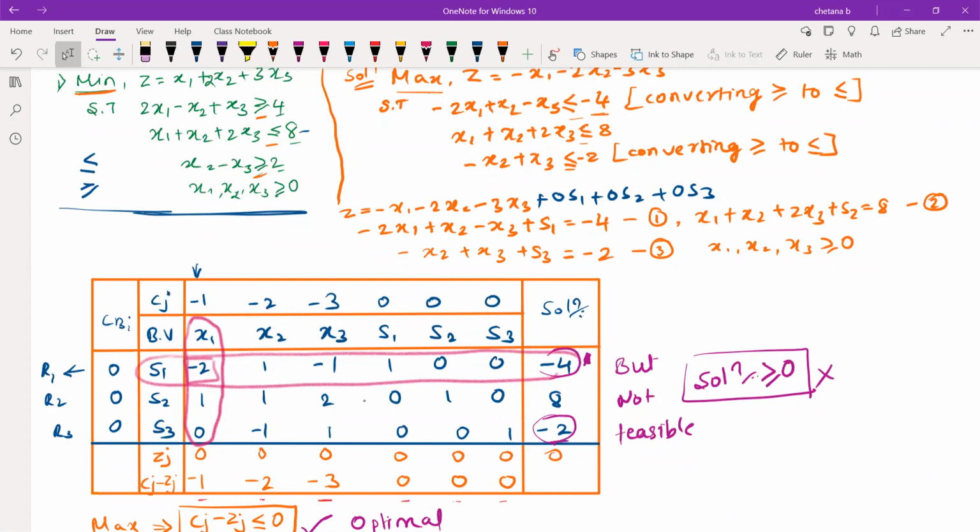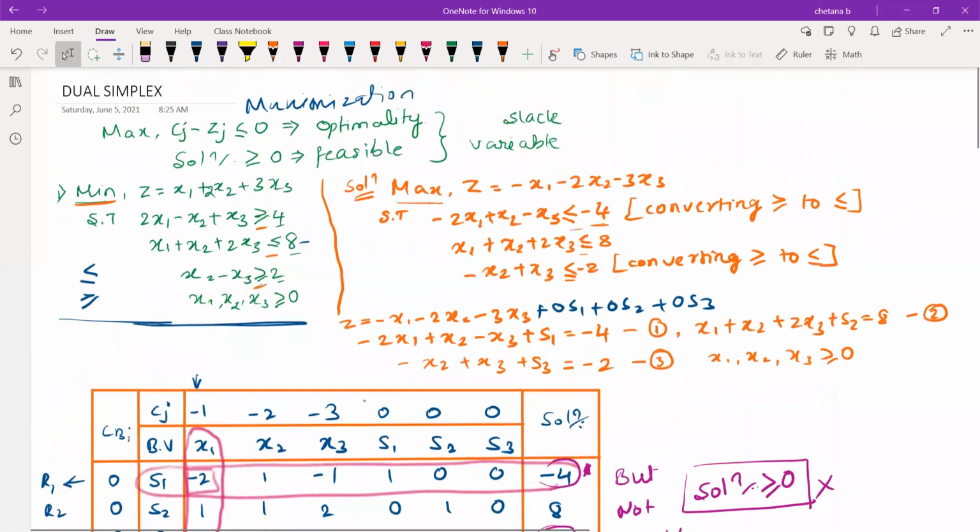One more important point: always you need to make use of slack variables. When can you use the slack variable? When you have all the less than or equal to symbols. So for that you need to convert the minimization problem into the maximization problem. That's it.